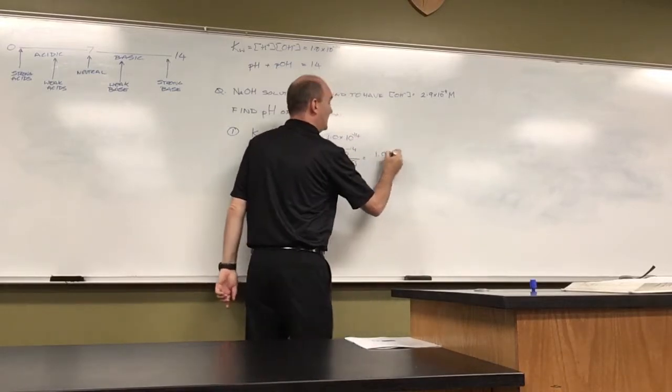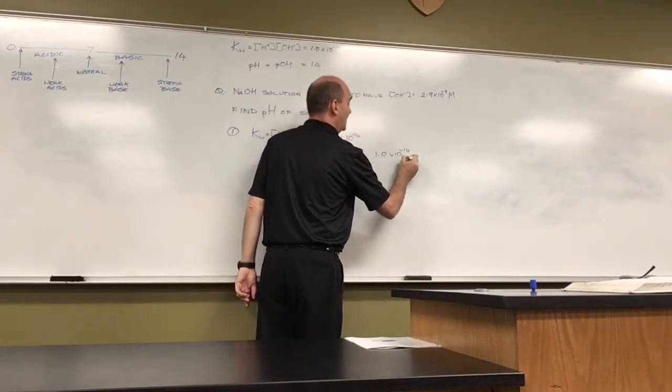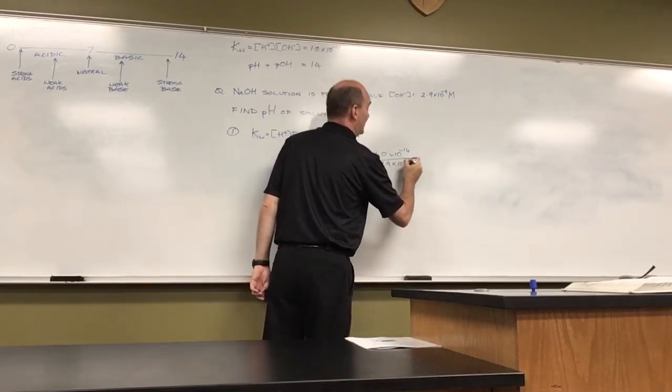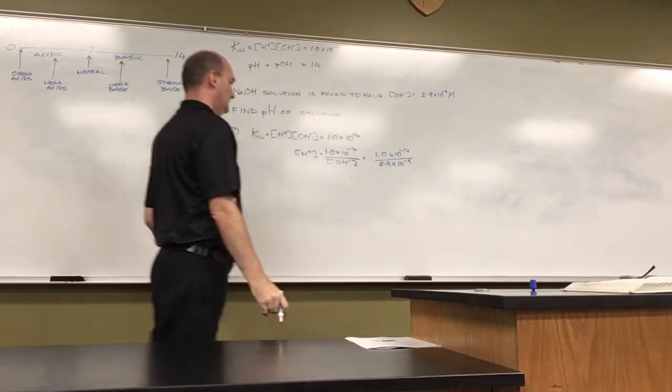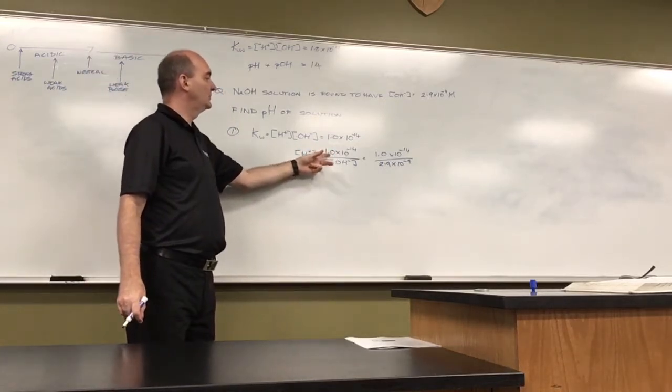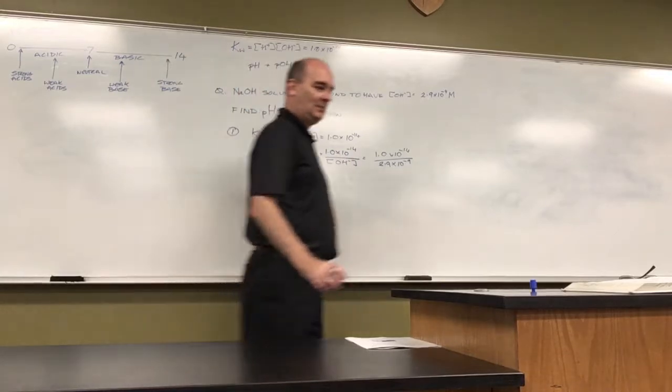So that's 1 times 10 to the negative 14 divided by 2.9 times 10 to the negative 4. Do I have a number for that?